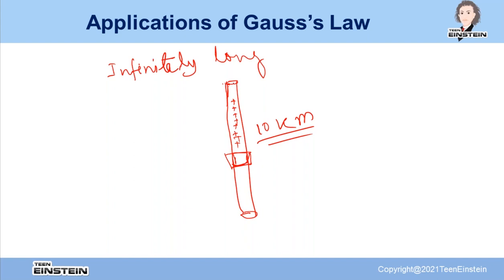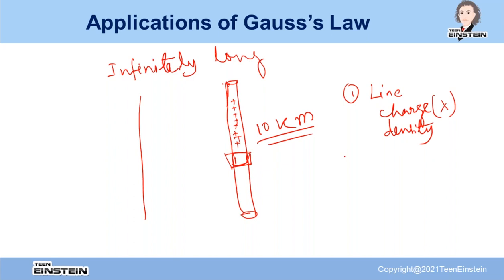See, this is actually a line, right? This is a conductor line. Some wire means line. So which kind of charge density should we take for this? There are three charge densities, right? One is line charge density, denoted by lambda.